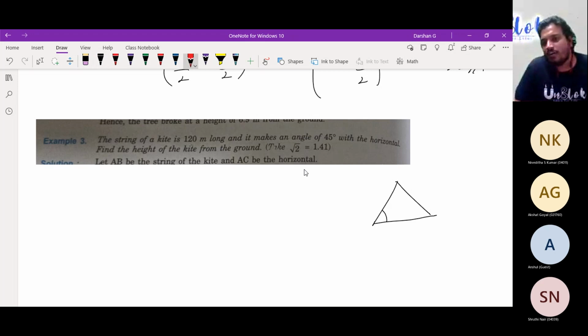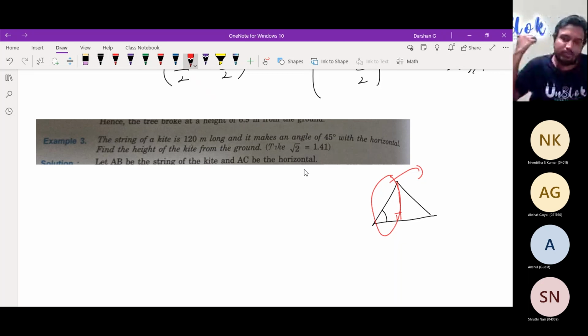However, what if I draw a perpendicular? Now I created a right angle triangle. So I can calculate about this and just do 2 times it, right? So that can be done. So the overall answer is yes, it can be applied to any kind of triangle, because in any kind of triangle, you can draw a perpendicular and find everything.